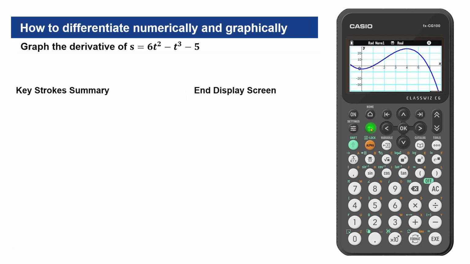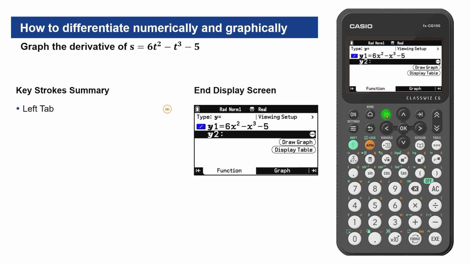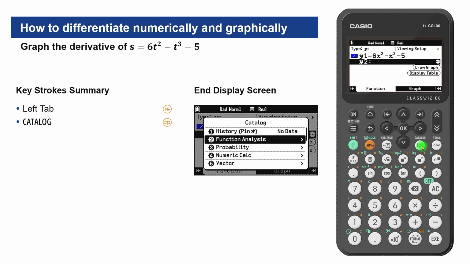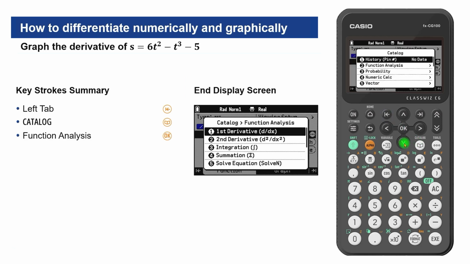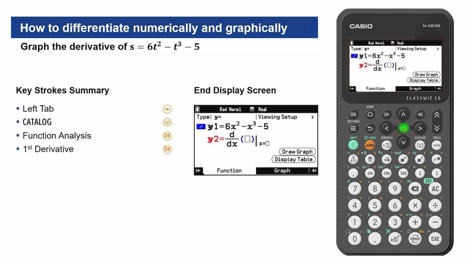Sometimes it could be useful to graph the derivative of a function, which we will now do using a template. Return to the Function tab with Left tab. Then press Catalog. Select Function Analysis and the first derivative. This opens a template to enter a function and point.